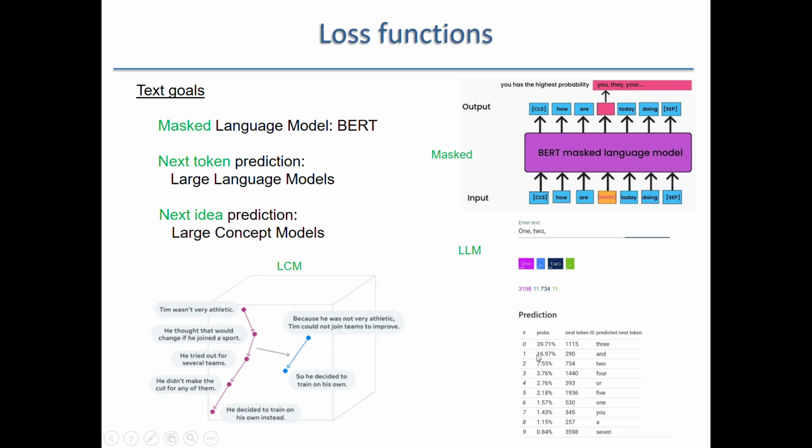These large language models take, not necessarily the one with maximum probability, but one of the ones with maximum probability. And you can do that for the next word, but you can also do it for any word in the middle.